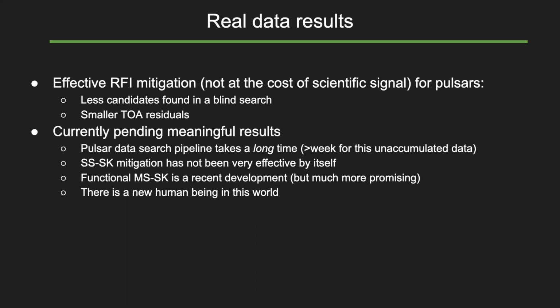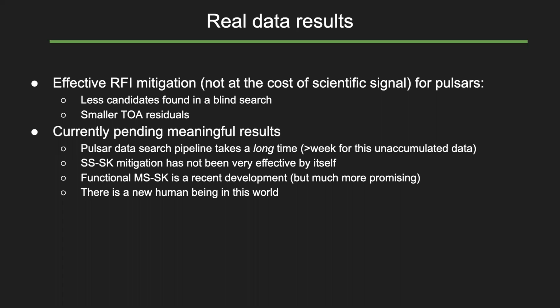Like I said before, these data sets are huge because it's just the raw data. So doing the data search pipeline and generating the TOAs takes a really long time. It can take up to a week or a couple weeks for this data. And like I showed before, single scale kurtosis mitigation has not been very effective by itself. And I've only recently really started playing around with a functional multi-scale kurtosis.